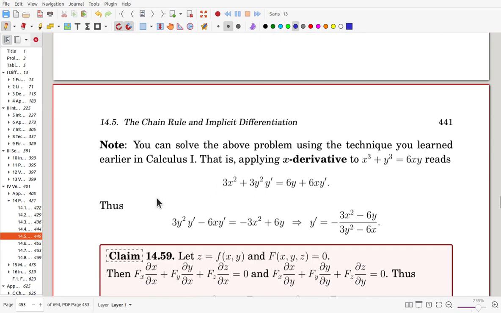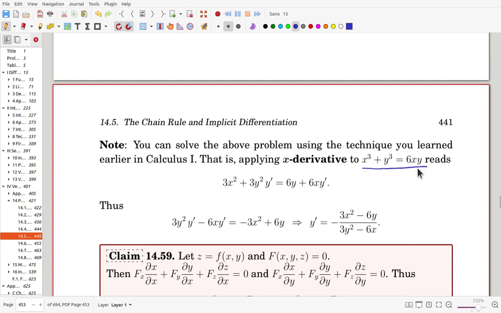For this one, you solved this kind of problem in Calculus 1 by using implicit differentiation. That is, for this equation, x is the independent variable and y is a function of x.